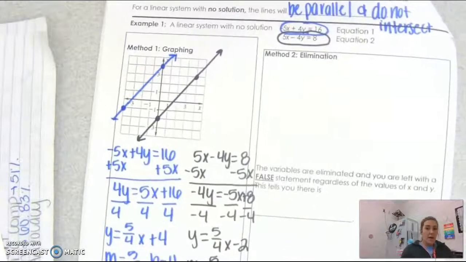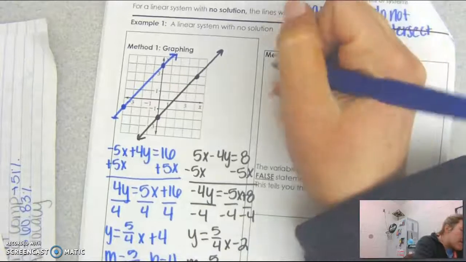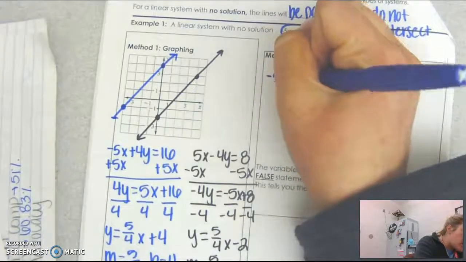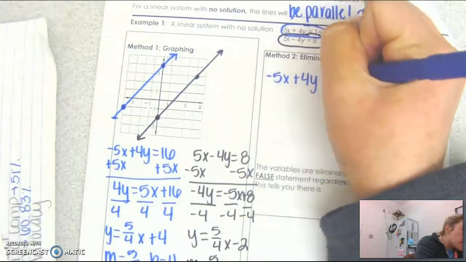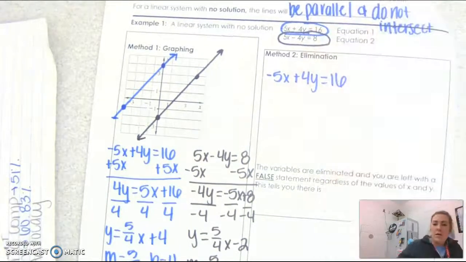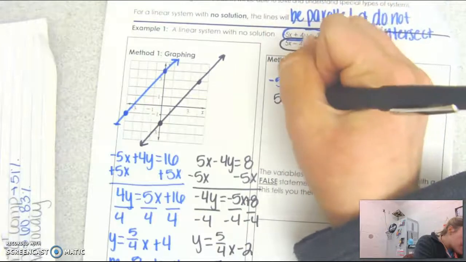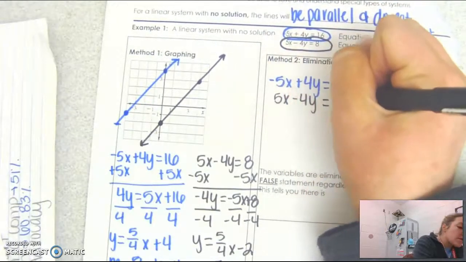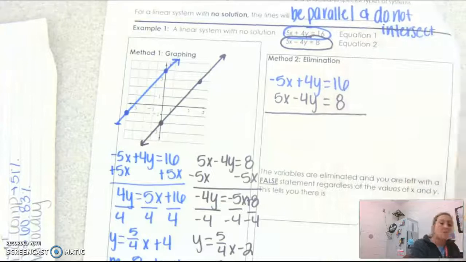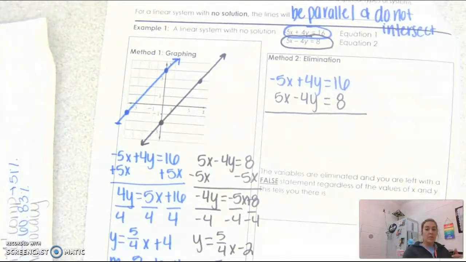So let's go ahead and try method 2, elimination. I'm going to write my first equation, negative 5x plus 4y equals 16, and my second one, 5x minus 4y equals 8. Now we combine like terms going down.